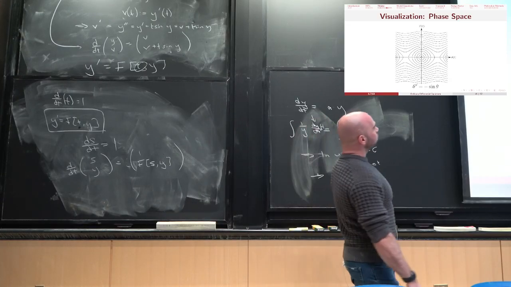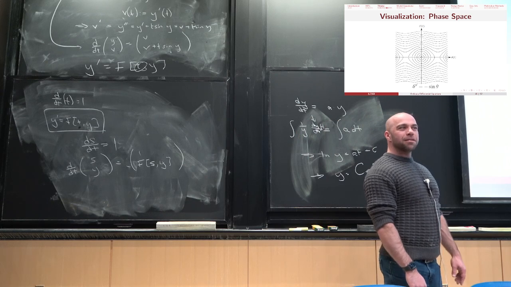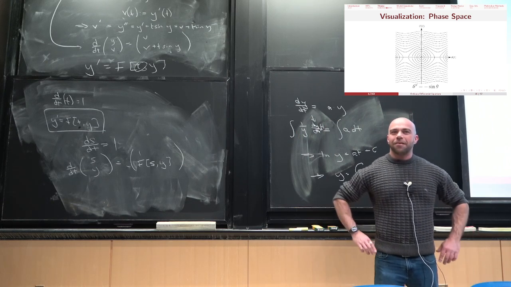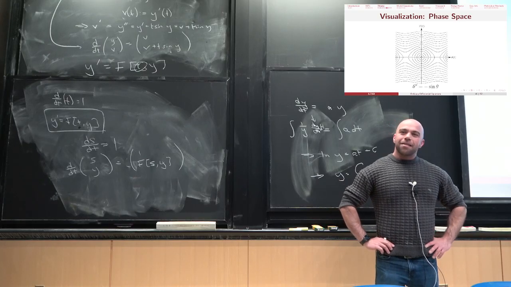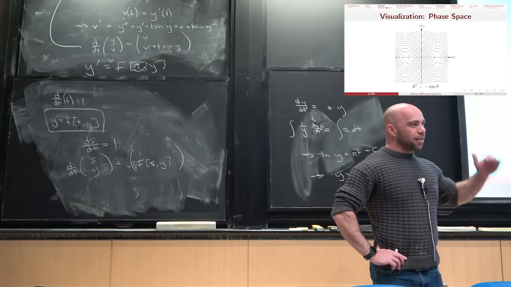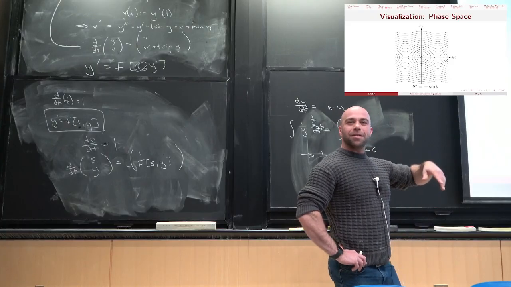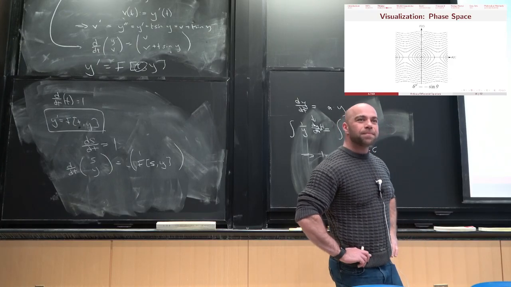There are so many different ways to visualize differential equations that it's worth just calling out, because these are figures that you're going to see in these domains quite a bit. So far, we've seen one called a slope field, where the horizontal axis is time, the vertical axis is the value of at least a first-order ordinary differential equation.